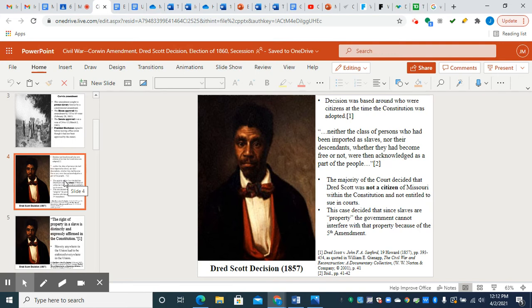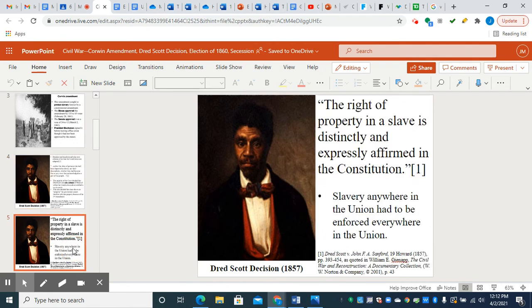The case also decided that since slaves are property, the government cannot interfere with property because of the Fifth Amendment. Then this famous statement, not in a good way, but famous statement from the Dred Scott case, says the right of property in a slave is distinctly and expressly affirmed in the Constitution.